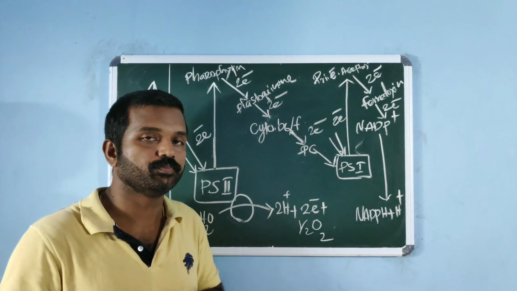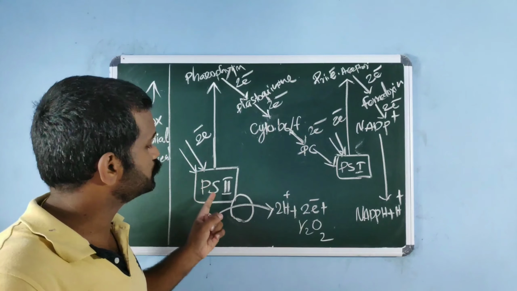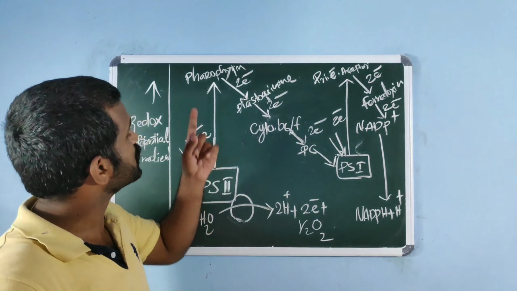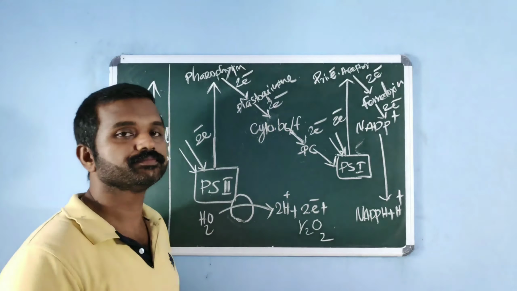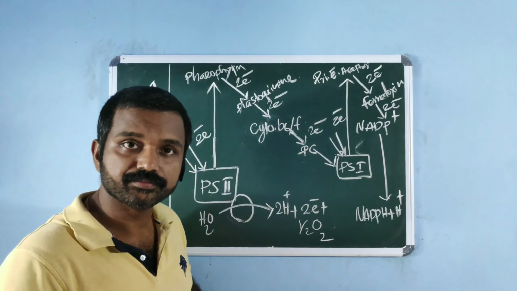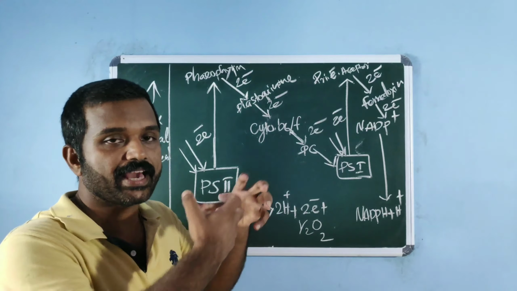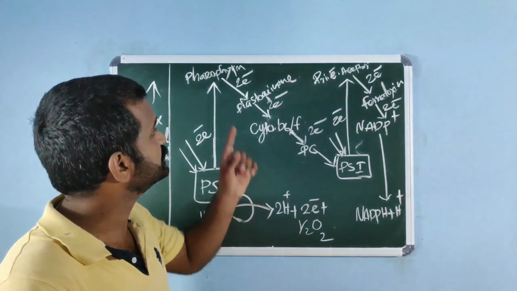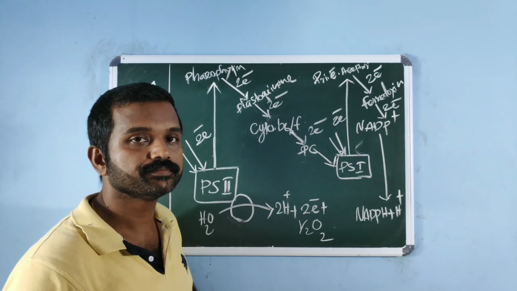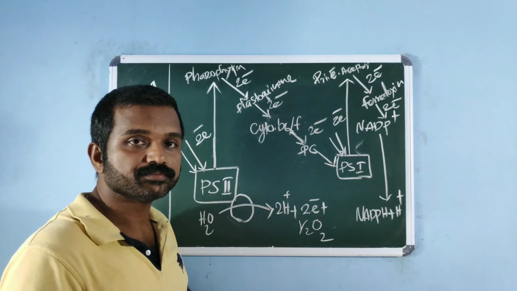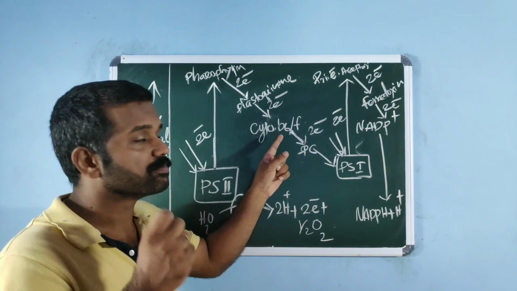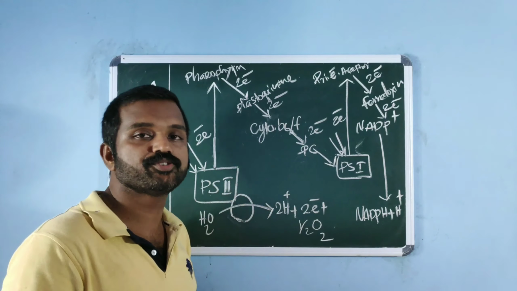Non-cyclic electron transport. PS2, photosystem 2, gets excited when light falls on it. The ejected electrons are accepted by a primary electron acceptor, that is pheophytin. From pheophytin, these electrons are then accepted by the next carrier, plastoquinone. Plastoquinone is actually a hydrogen carrier. From plastoquinone, these electrons are received by the cytochrome b6f complex.